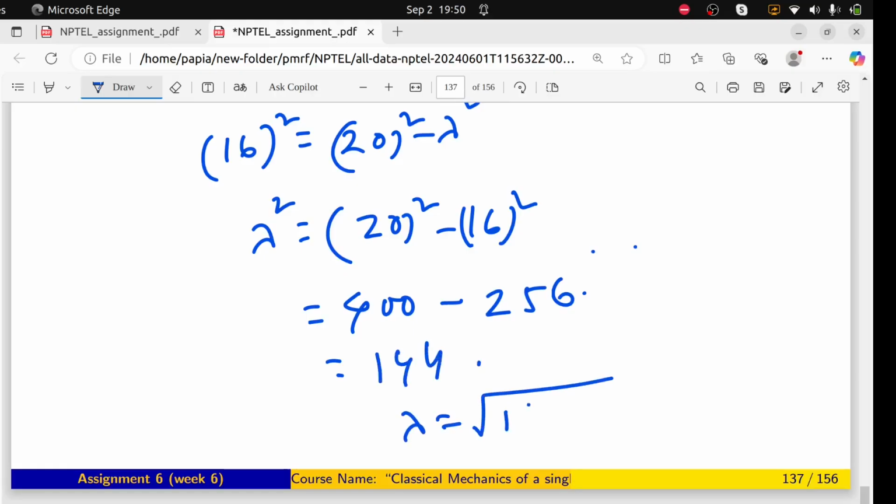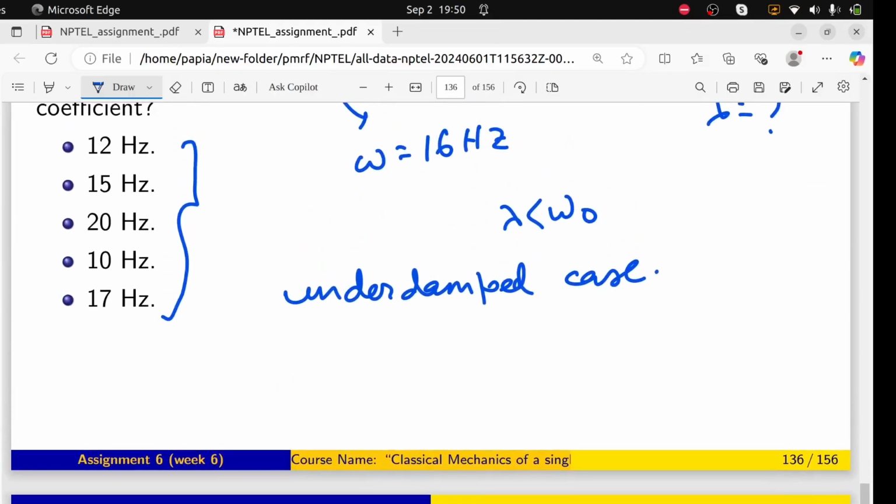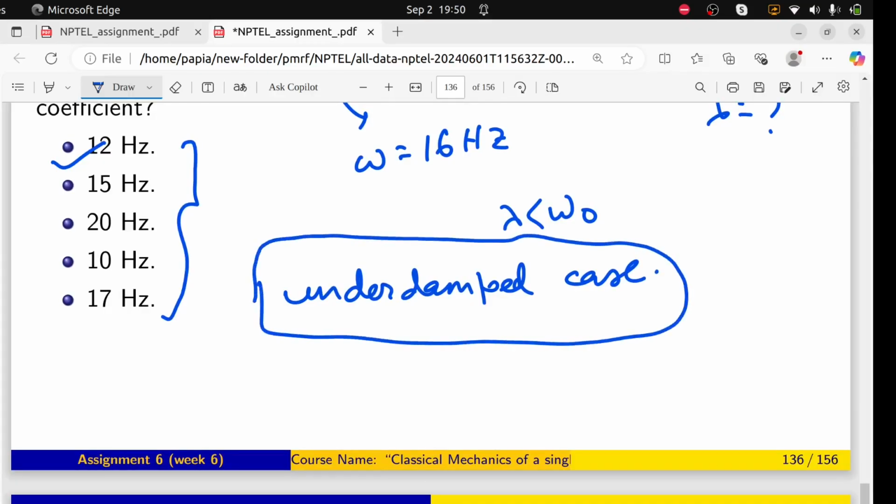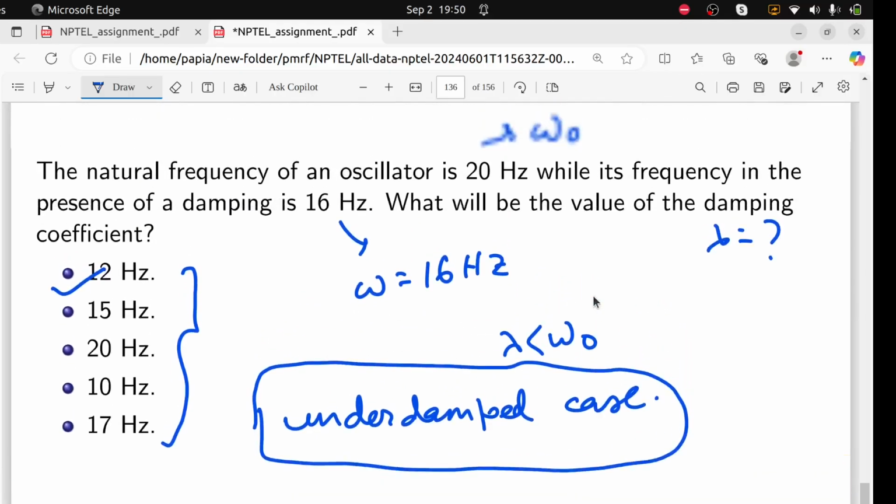So lambda is 12 hertz. Now you can see that this is possible because we have the underdamped case.